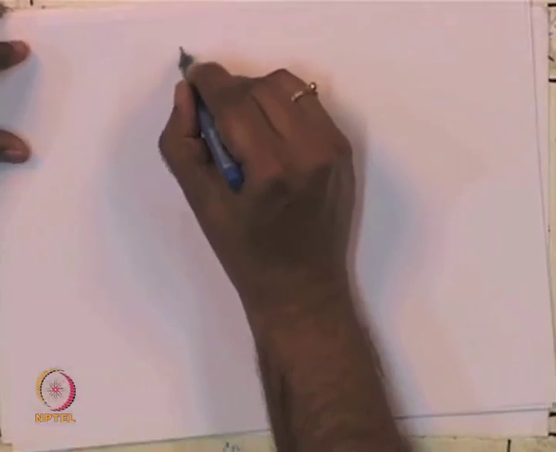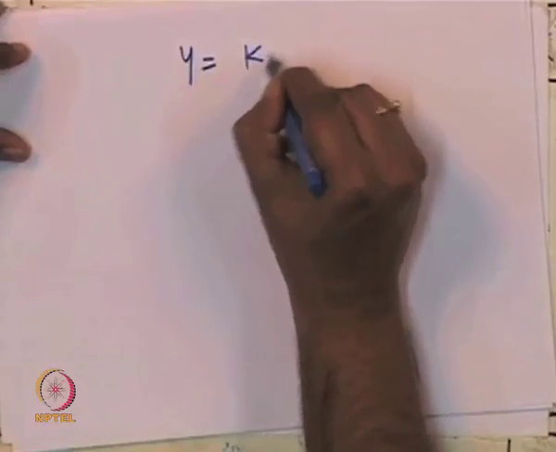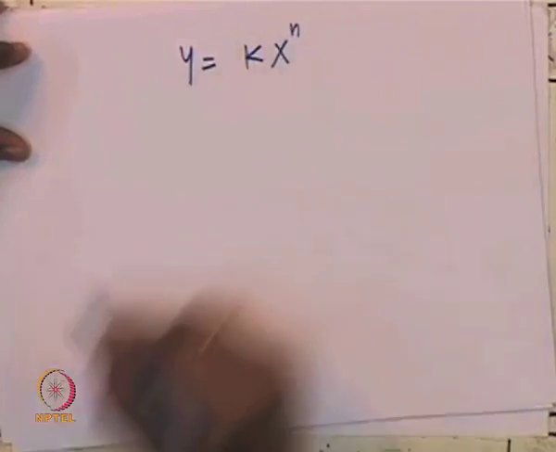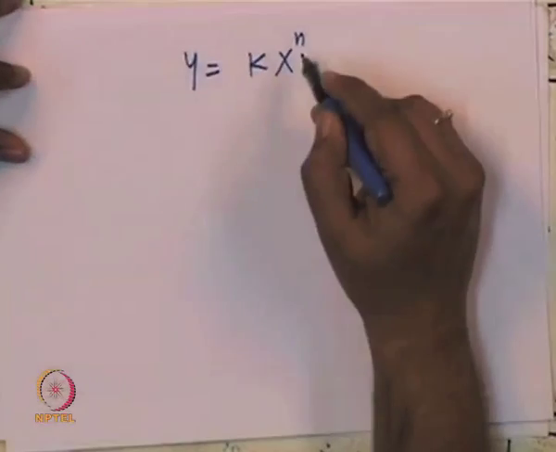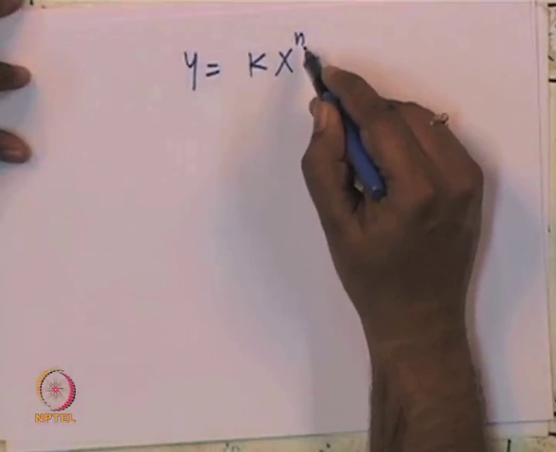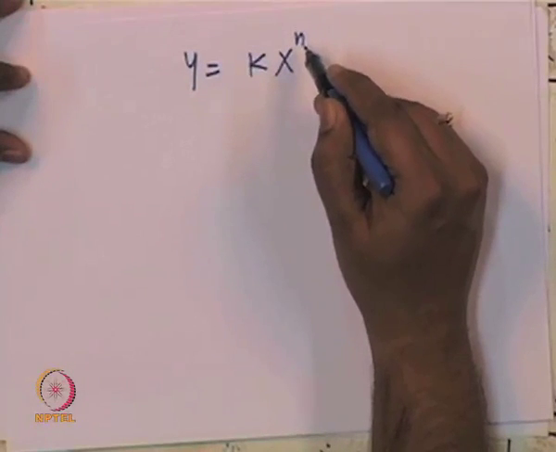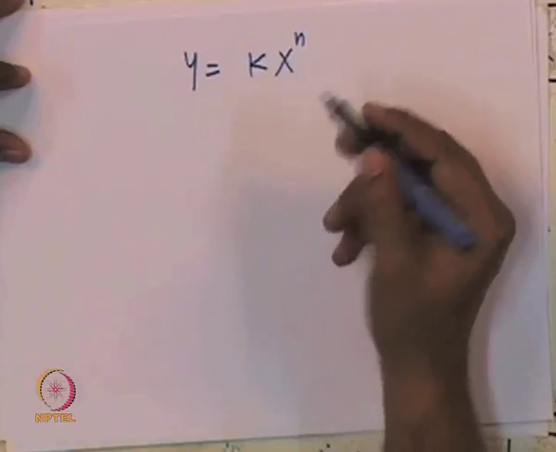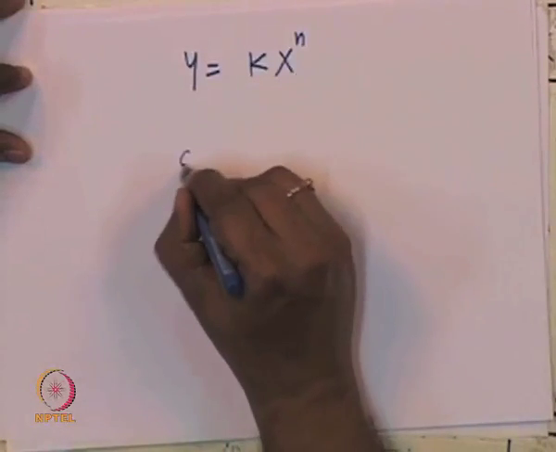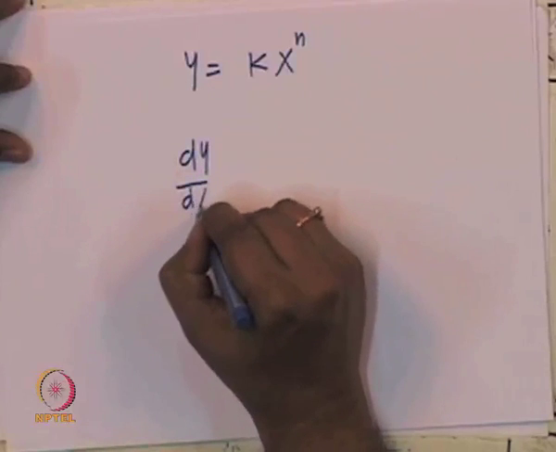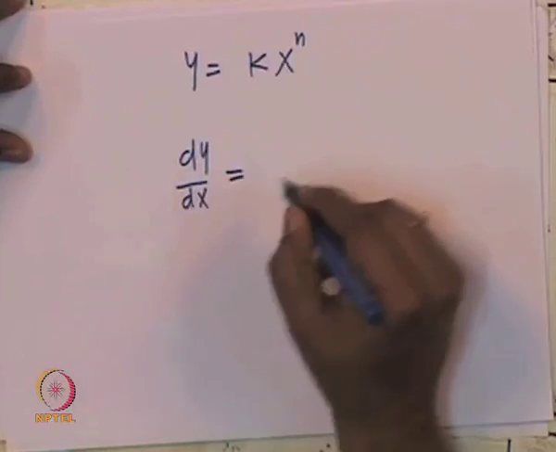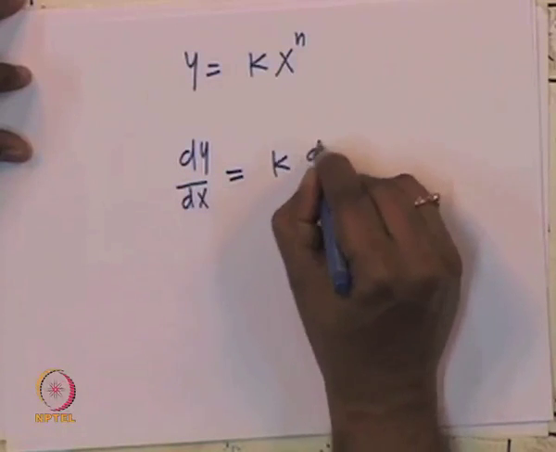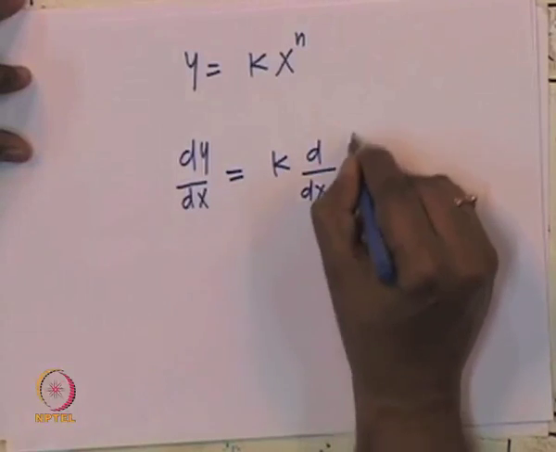Let us say y is in general k x power n, where k is a constant and n is a number like 1, 2, 3, 4 that we saw so far, and x is the variable. Then dy by dx is equal to k, which you keep there, times d by dx of x power n.